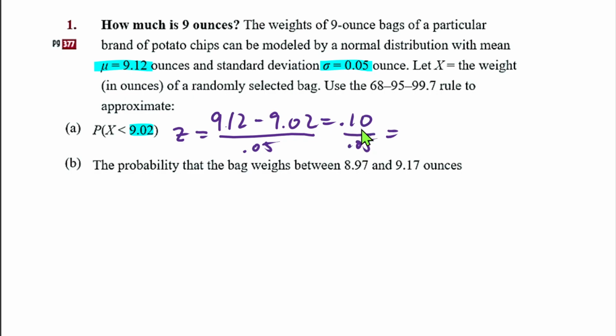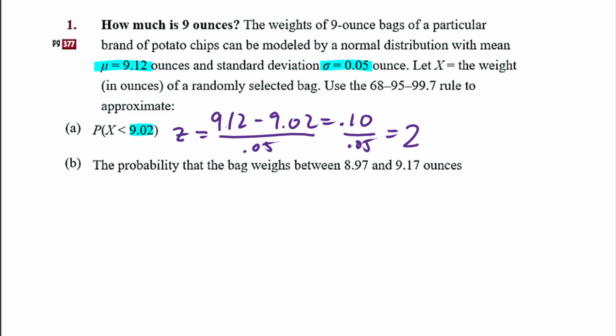And hey, it's 10 cents away, or 0.10 of an ounce away. Each standard deviation is 0.05 of an ounce. So just divide this and you'll see 2. And what that really means is that 9.02 is 2 standard deviations below the mean. Remember, z is the number of standard deviations a value is from the mean.